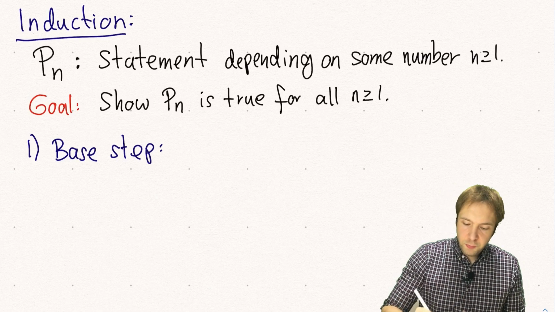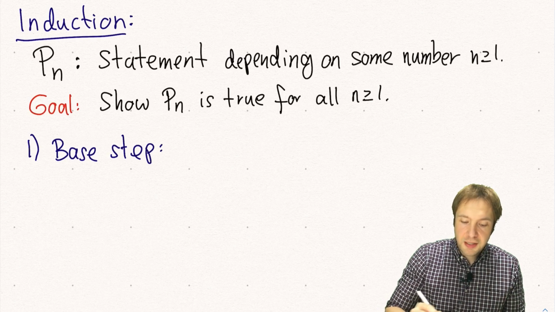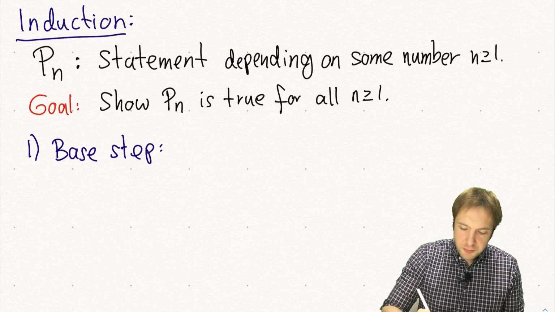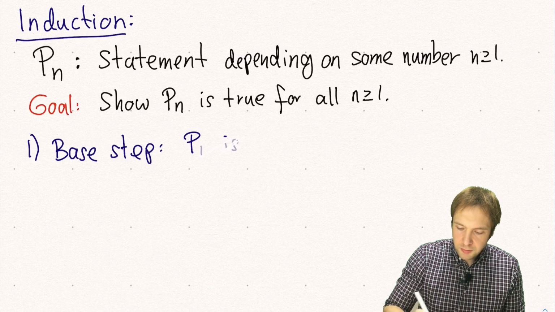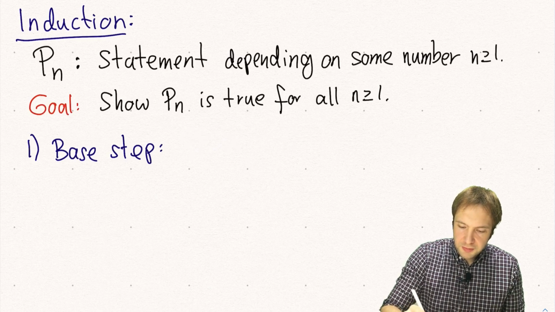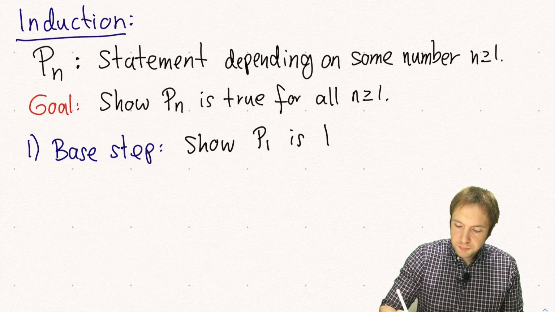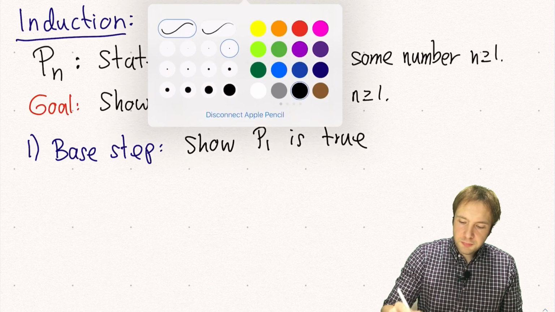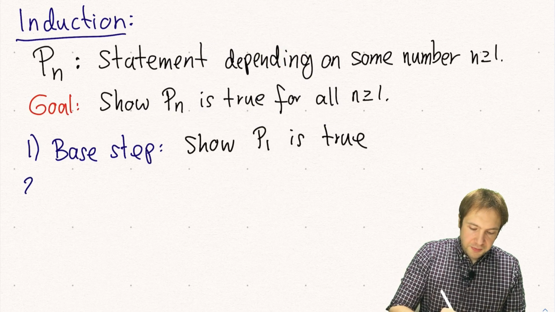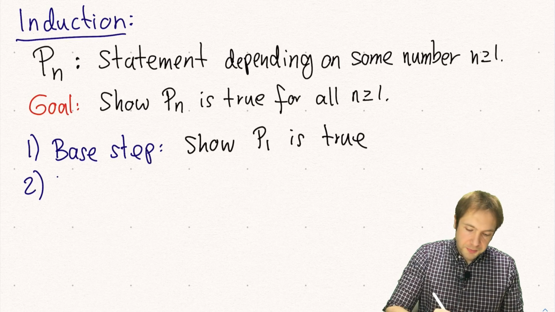In this, one will show that the statement P(n) is true for n equals 1. The base step: the idea is to show P(1) is true. And then the second step is the induction step.